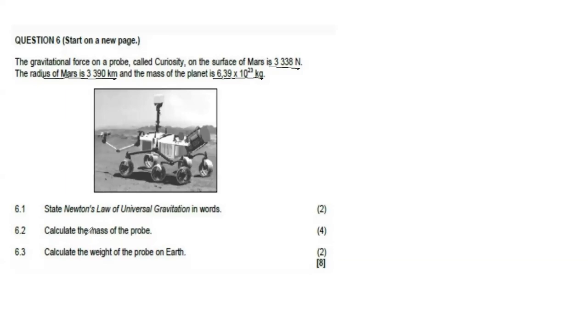Then 6.2 says, calculate the mass of the probe. So we know the formula that we should use is F equals G M1 M2 over R squared. We are given the radius, so we're going to use that formula. The force that we are given is 3,338 newtons.